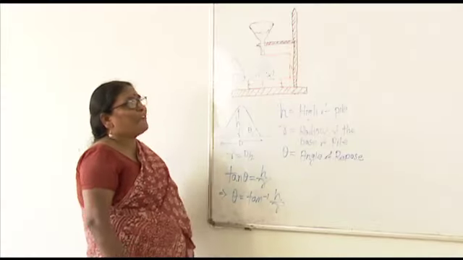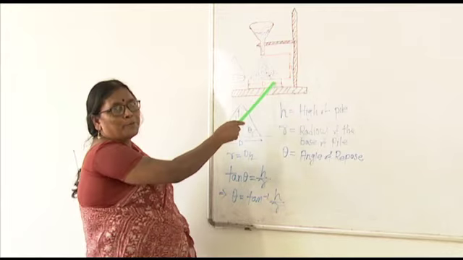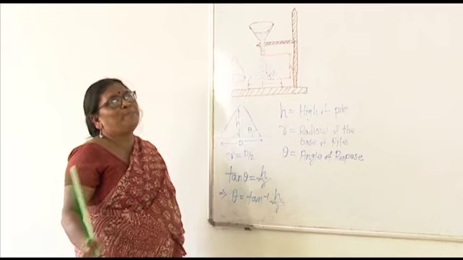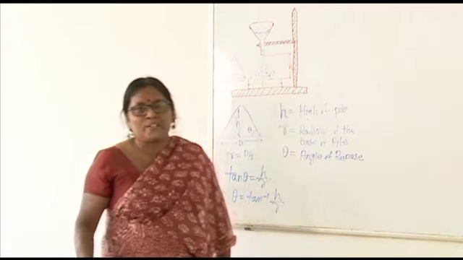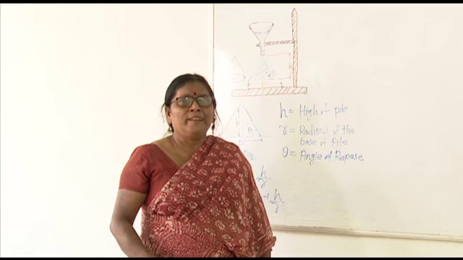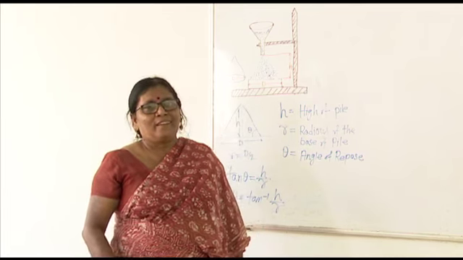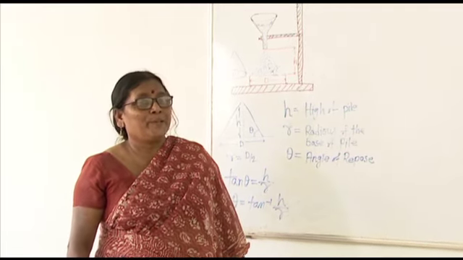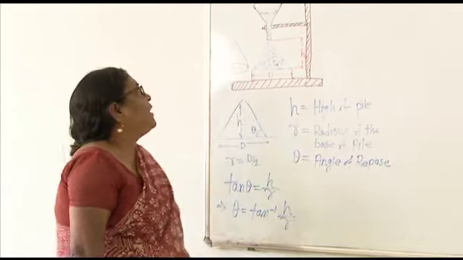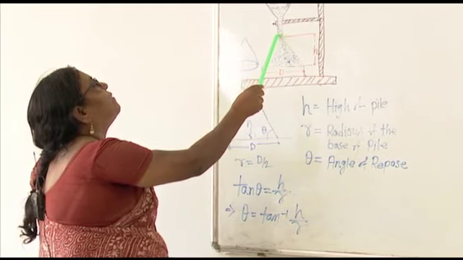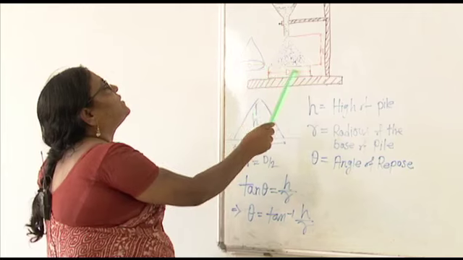The experiment is over, but I am back to the board because it looks very simple, but most of the times when you actually do the experiment, you will see that values are not really accurate. So before doing this experiment, you have to remember certain points. You see, this is the tip of the funnel and this is the distance.